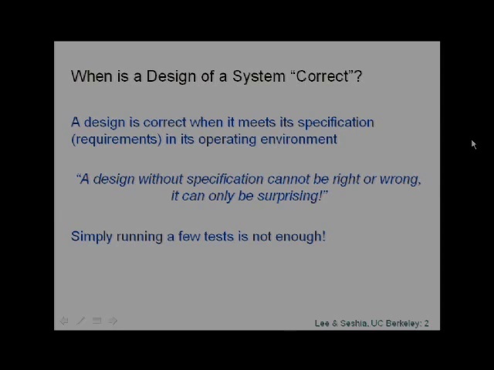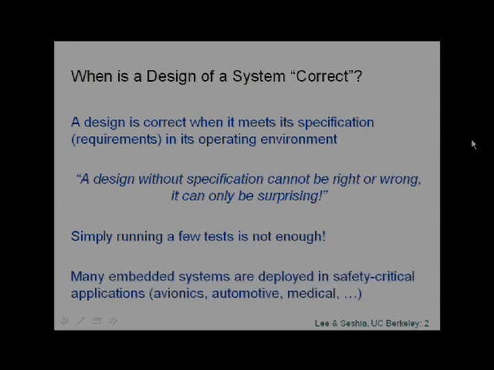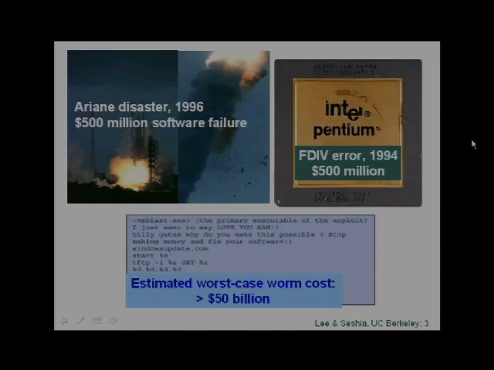And in the context of this class, we've seen that embedded systems are deployed much more than other systems in safety critical applications. So in the area of embedded systems and security, there have been some terrible failures, which in part have arisen from the problem of not writing down good specifications.